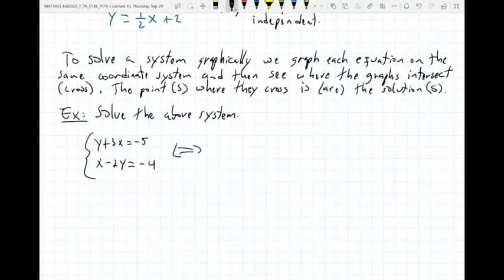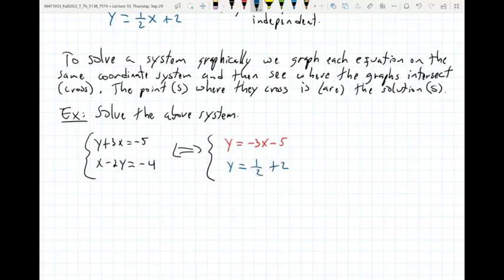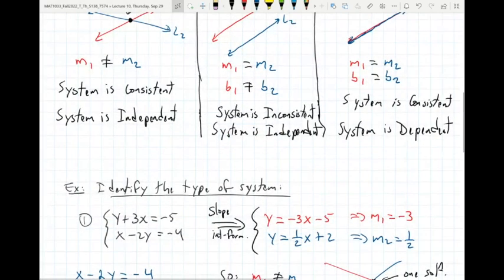So this system is equivalent to the following system. The first equation was y equals -3x minus 5. That's what we got in the first equation. And the second equation was y equals 1/2 x plus 2. Okay, those are the equations that we got here. I'm just rewriting these equations.